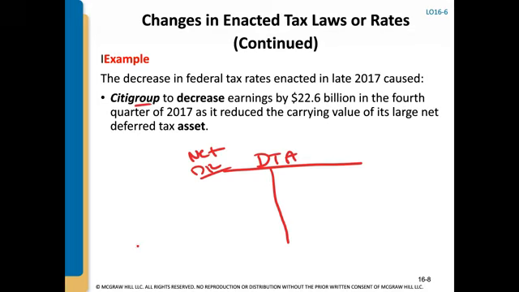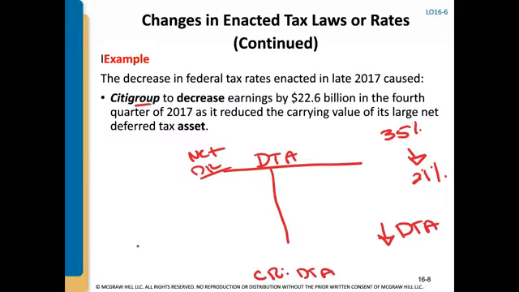And they had to readjust it from 35% down to 21%. So they had to reduce the balance in their deferred tax assets, their DTA. If we're going to reduce our DTA, we're going to credit our deferred tax asset, and the debit goes to income tax expense.